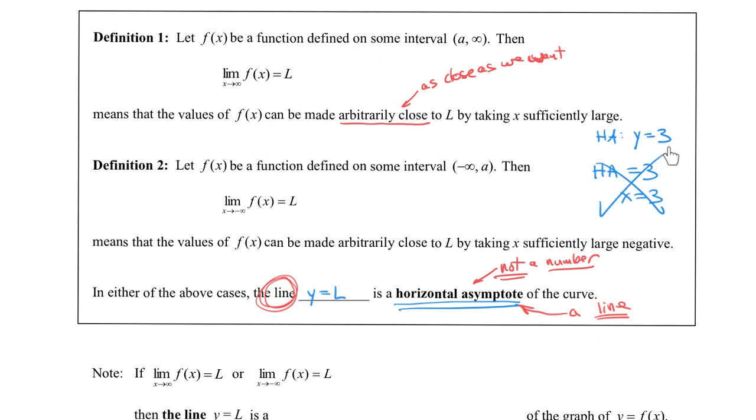This is a horizontal line. X equals 3 is a vertical line, and 3 is just a number. So we need to be very, very specific in what we're saying. If we're looking for a horizontal asymptote, it'd be something like y equals 3, y equals negative 2/3, something like that, where it's a horizontal line.